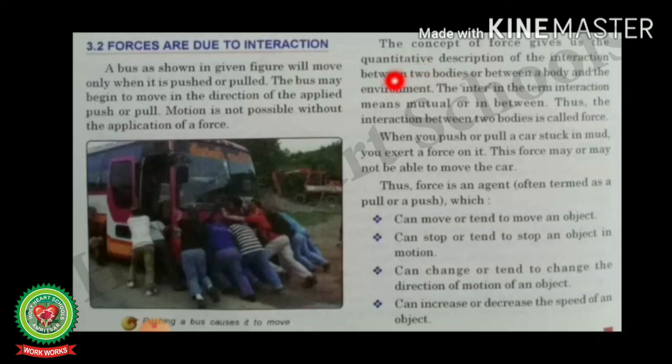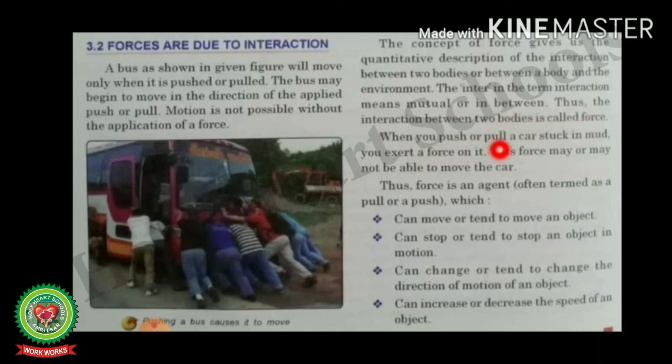If we apply less force, then body will move slightly. The inter in the term interaction means mutual or in between. It means it is in between two bodies. Thus, the interaction between two bodies is called force.